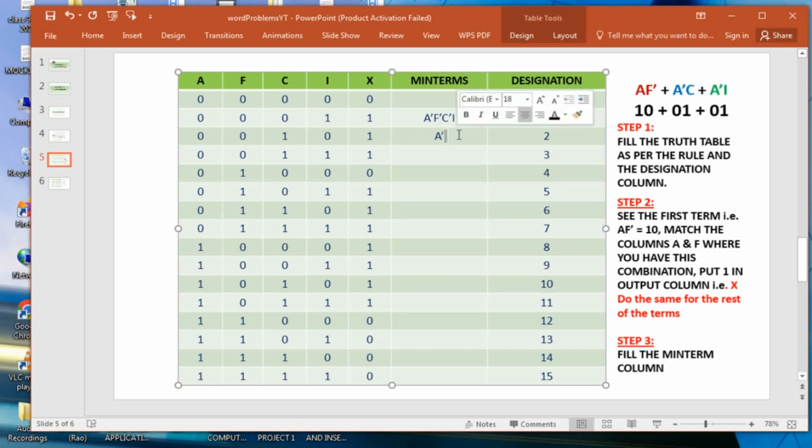F is complemented, and then C is normal, so C is normal, and I is complemented, right? Then the rest you do on your own, and by the time let me fill it up with the rest of the thing.